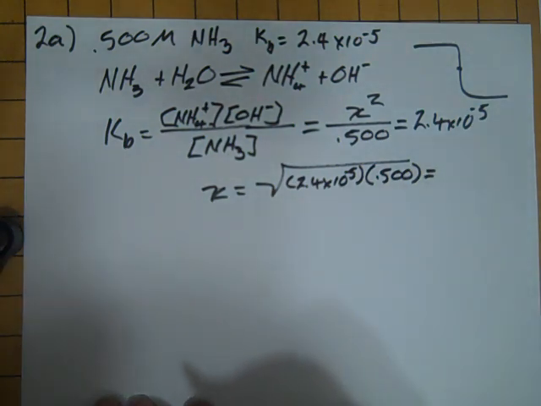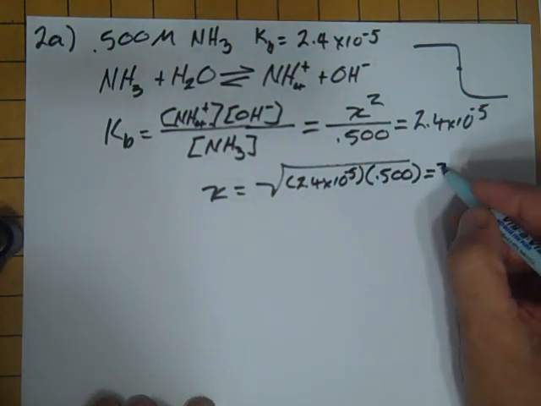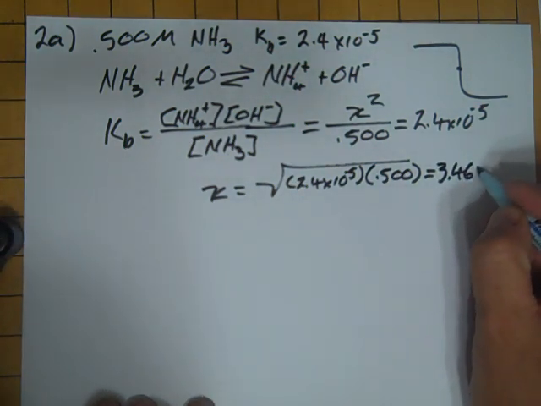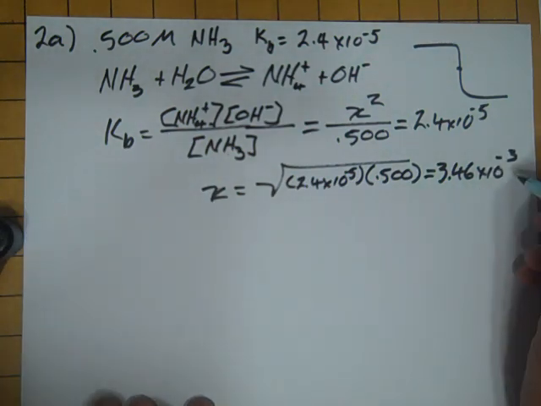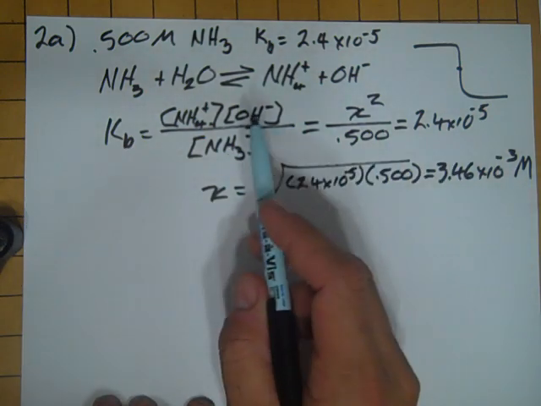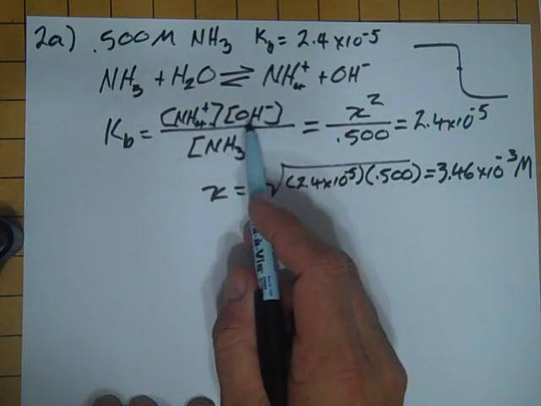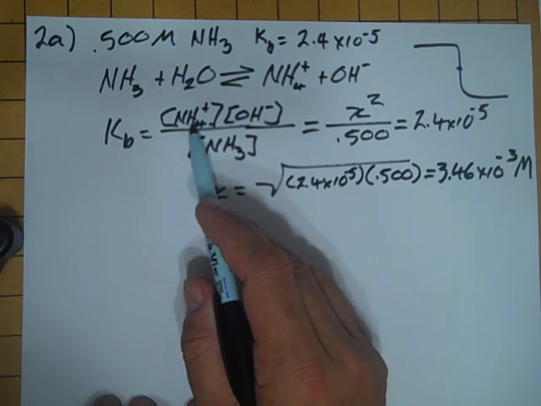So x happens to be, in this case, 3.46 times 10 to the minus 3 molar. That is the concentration of the hydroxide and the concentration of the ammonium.